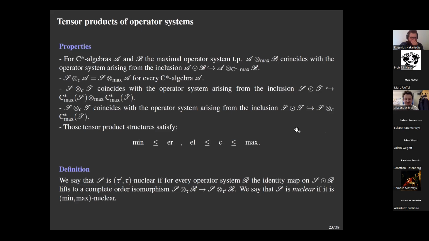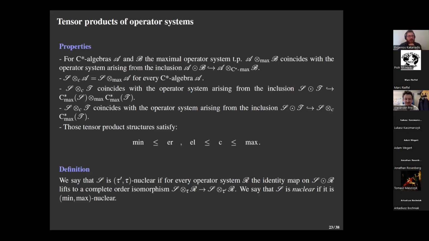Okay, right. The notion of nuclearity that we like and love from C*-algebras passes here, but we say that S is nuclear with respect to two tensor product structures if for any other operator system R we have a completely order embedding of the tau tensor product with the tau prime tensor product.